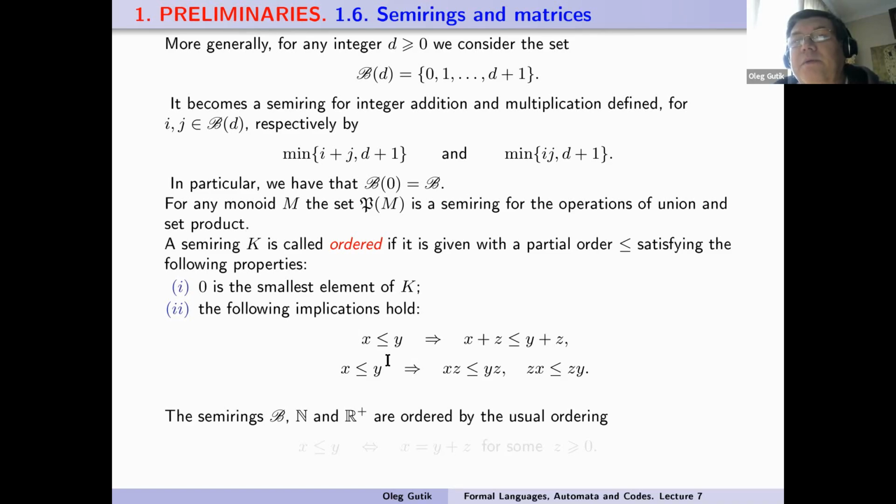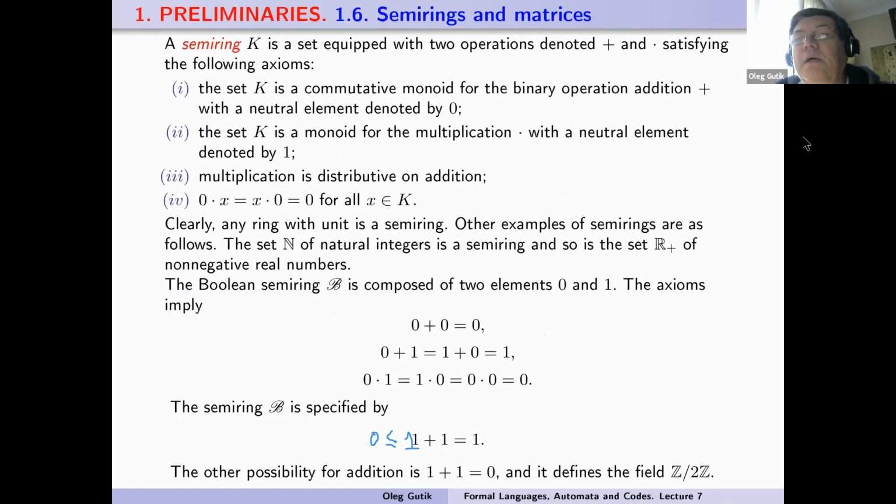So a simple example of an ordered semiring. When we consider the Boolean semiring, which consists of two elements, 1 and 0, we get that 0 is less or equal 1, and all operations which were introduced below preserve the order.